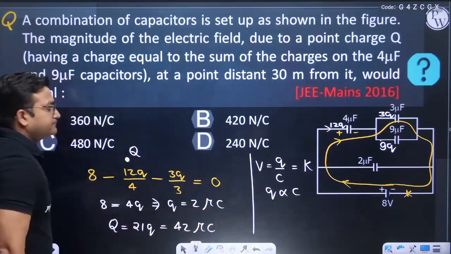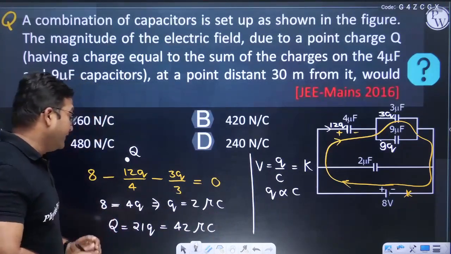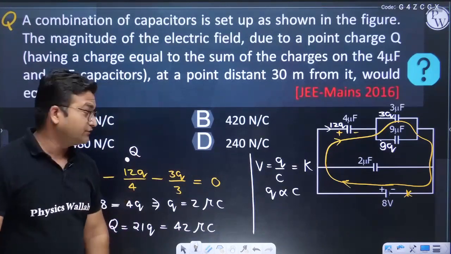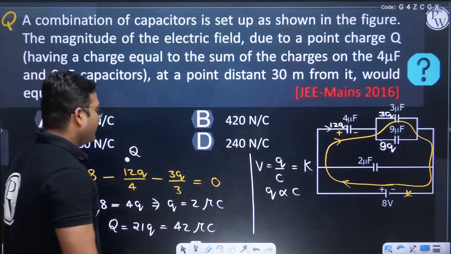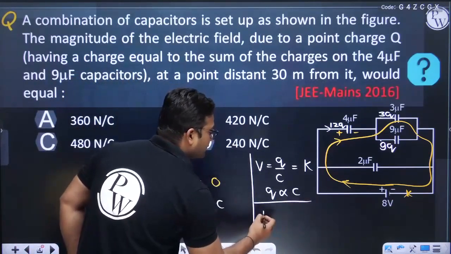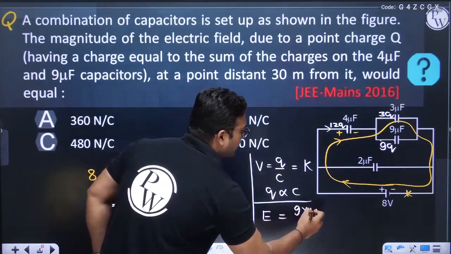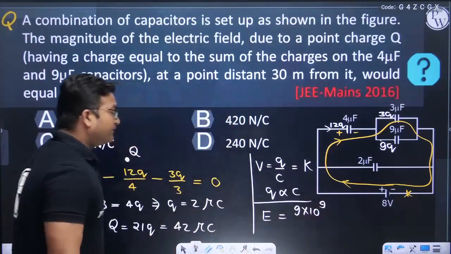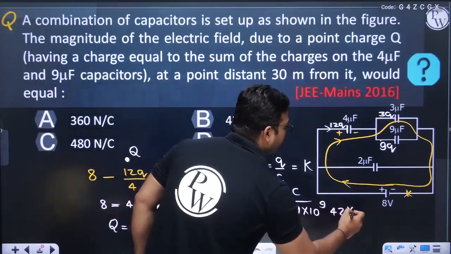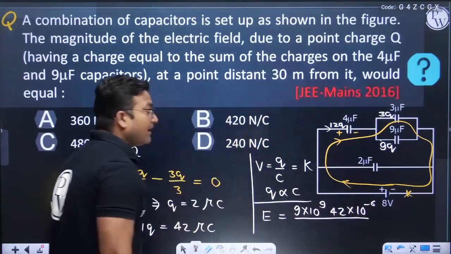Right? And since we have to find the field because of this charge at a distance of 30 meters from it, I'll write the electric field as K, which is 9 times 10 to the power 9, times Q. Q is 42 times 10 to the power minus 6, divided by R square.